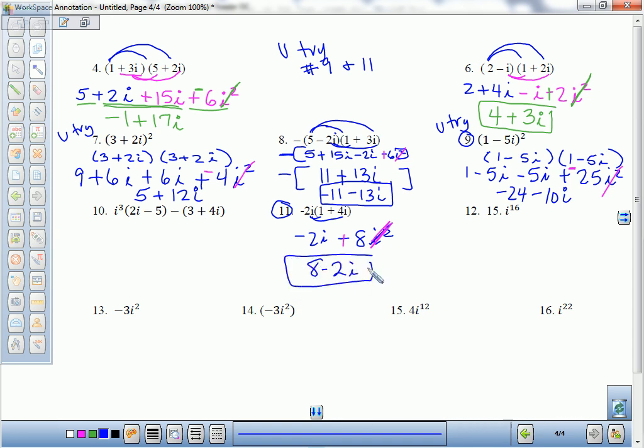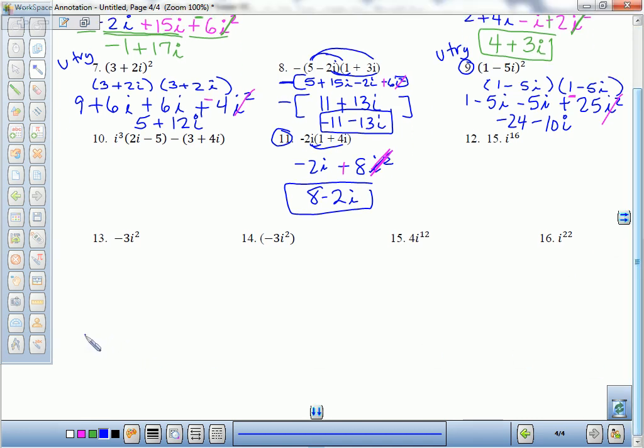Okay, now number 10 is our first one that has a power of i to start with. So that's where we're going back to our little mnemonic. And I would like to see you guys write this at the top of your quiz in this class and in your math class.